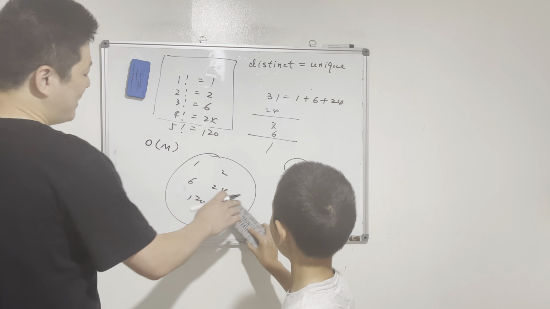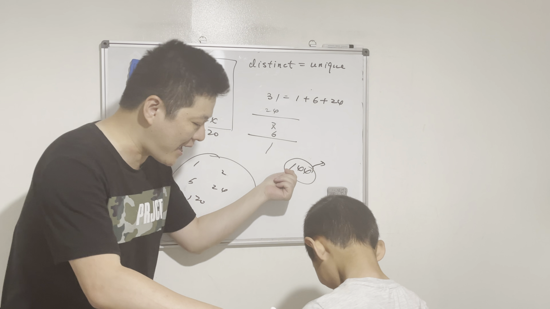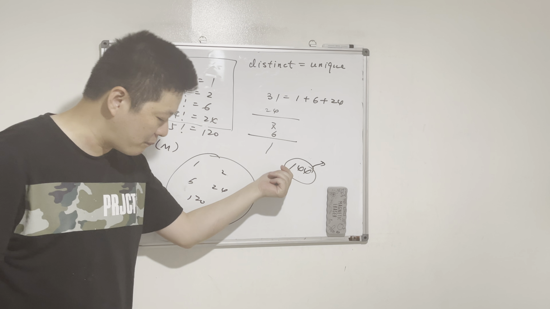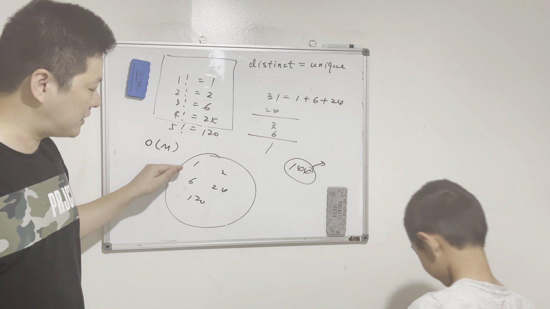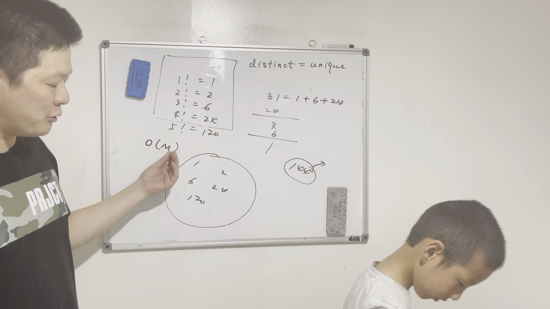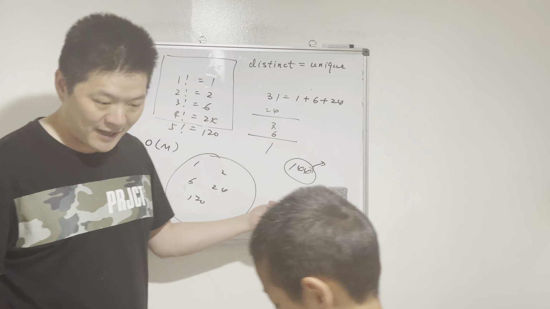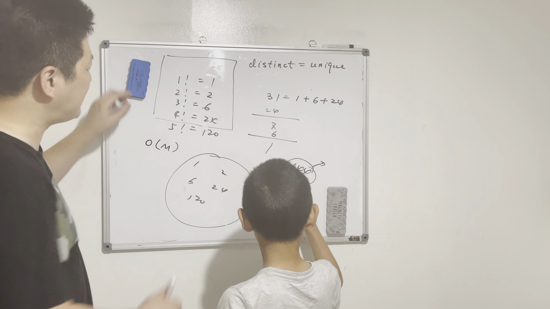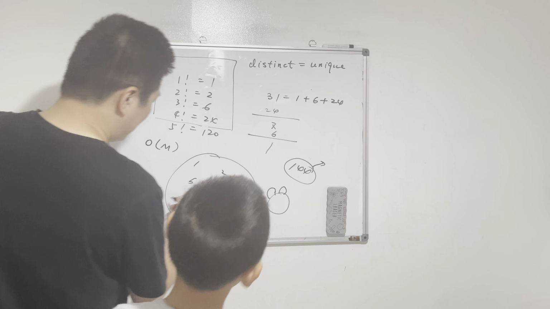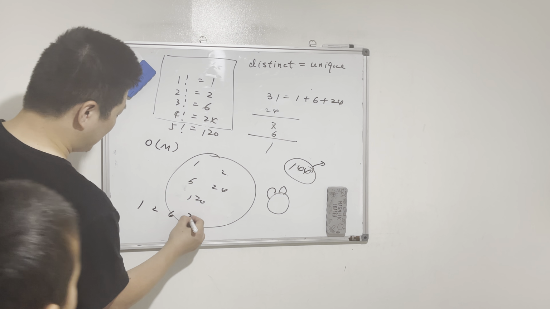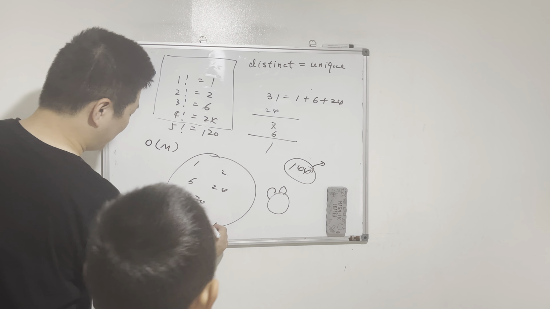So the question becomes: can we fill the knapsack exactly with some of the items? If we list the items 1, 2, 6, 24, 120, then for each item, how many choices do we have?